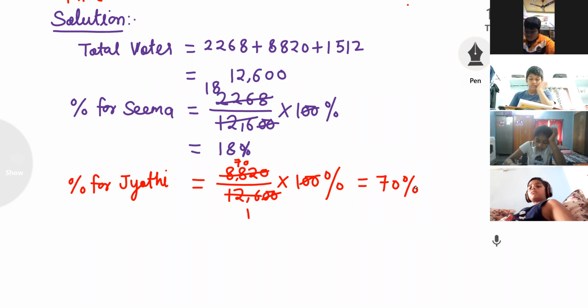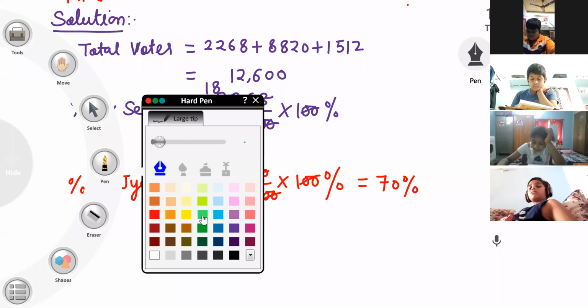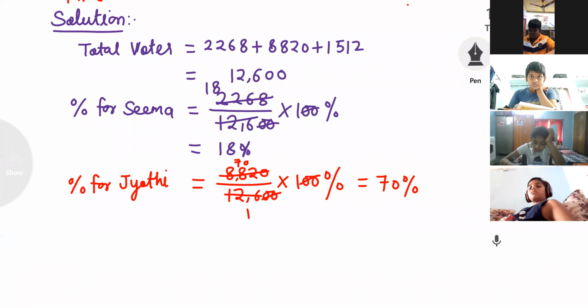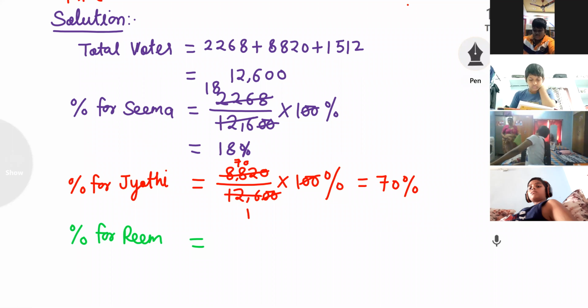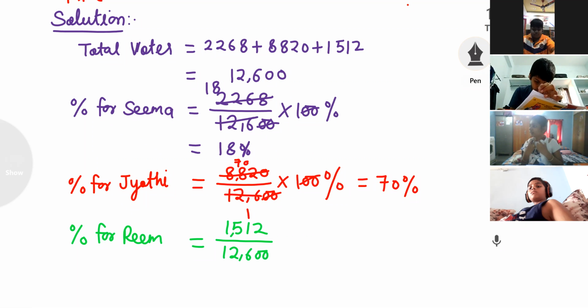Percentage for Rima. Rima got how many votes, student? 1,512 votes out of 12,600 votes into 100 percentage.